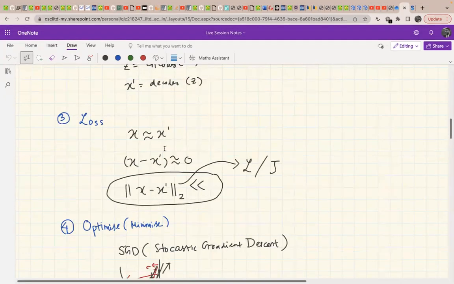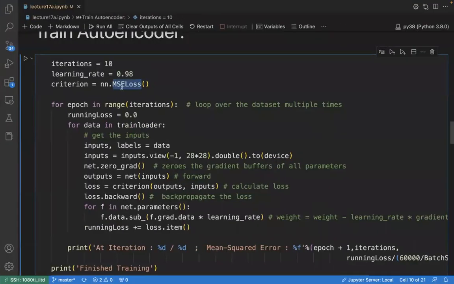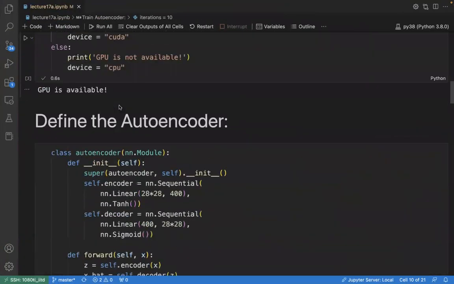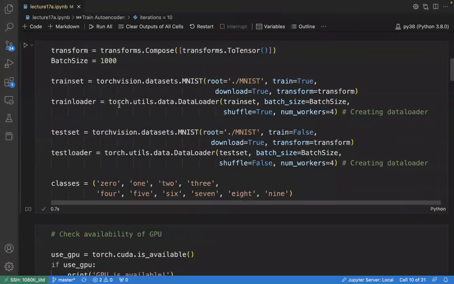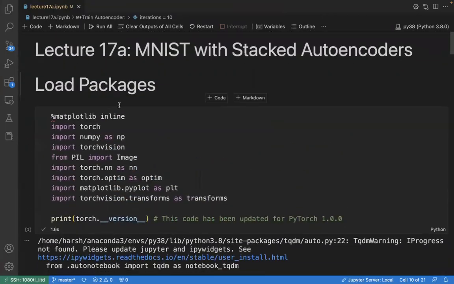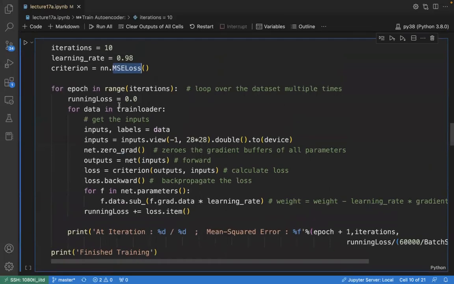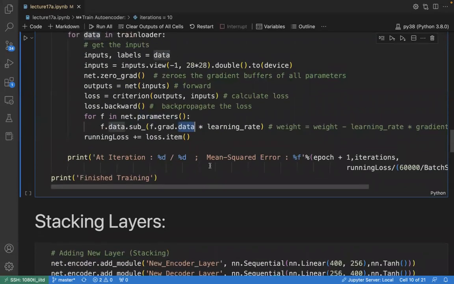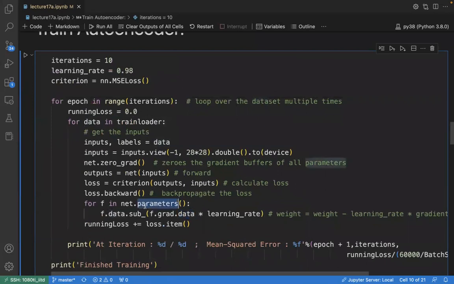Here the cost function is MSE, the mean square error, which is also called the criterion. Then the optimizer. The optimizer is SGD, which is defined earlier, I guess. Yeah, you haven't defined the optimizer explicitly. It is sort of doing all these things by itself. It is not defining any optimizer, but it just used the PyTorch function for that. It's fine.